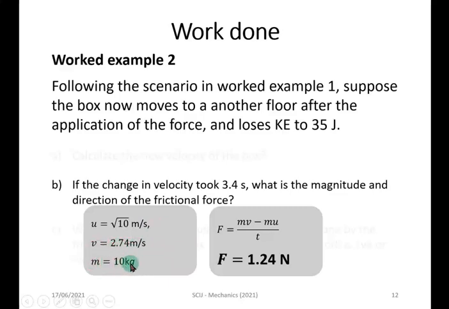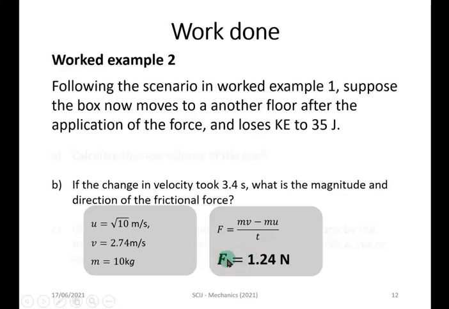That doesn't change. Now we can use this relationship, the change in momentum over time, that will be the force. So if you substitute the mass, the final velocity v, minus the mass multiplied by the initial velocity u, then we are going to get a force of 1.24 newtons, which should be negative.